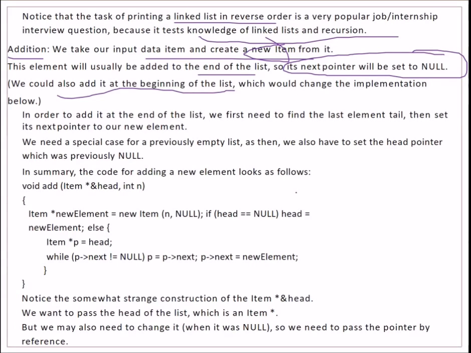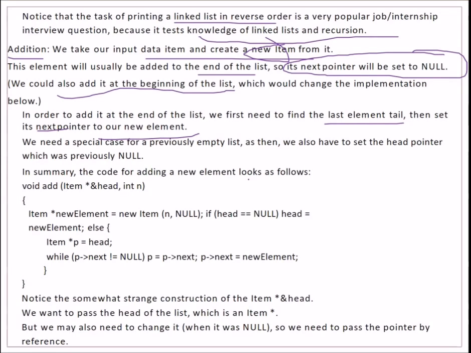But in order to add it at the end of the list, we just need to find the last element, which is called the tail, and then simply set the next pointer of this last node to our new element. Okay, we need a special case for a previously empty list, because it may happen that the list does not contain anything, the list is empty.